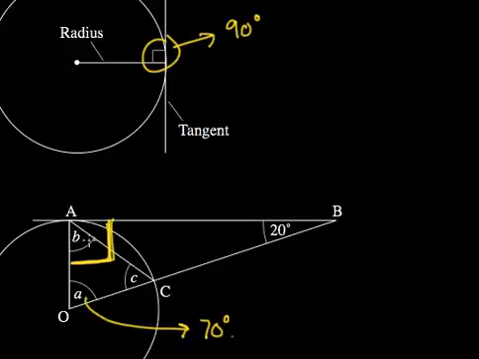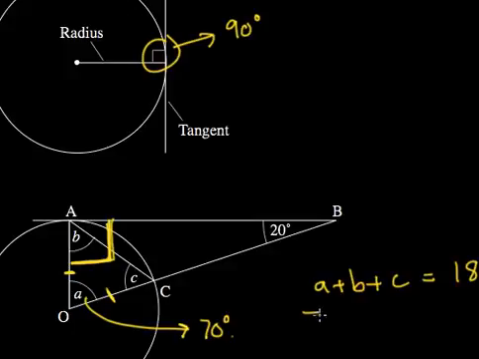How does that help us work out B and C? Also, you may spot that this is a radius and this is a radius. So that means that B and C are equal. In the triangle we have A plus B plus C must equal 180 degrees.